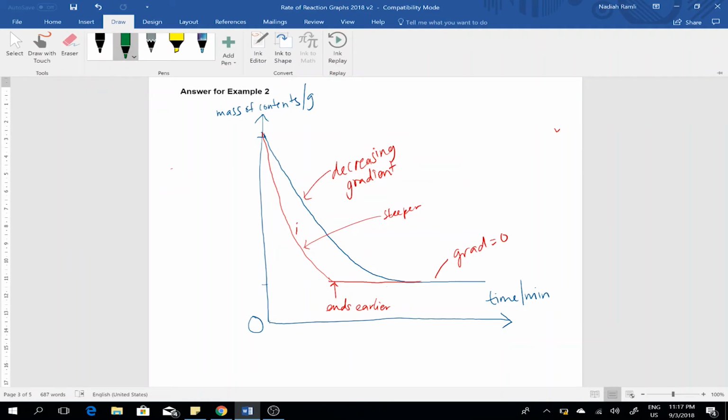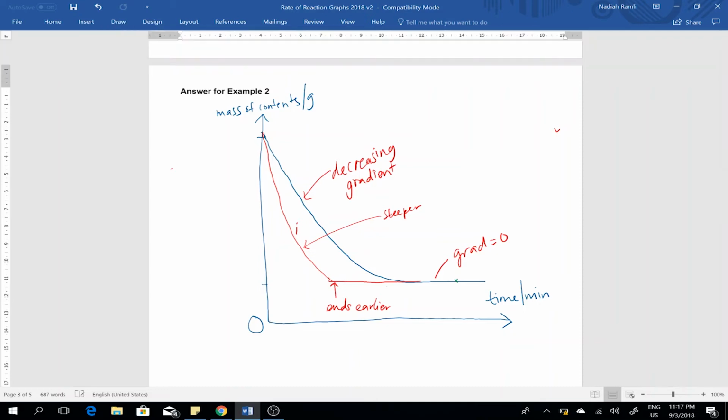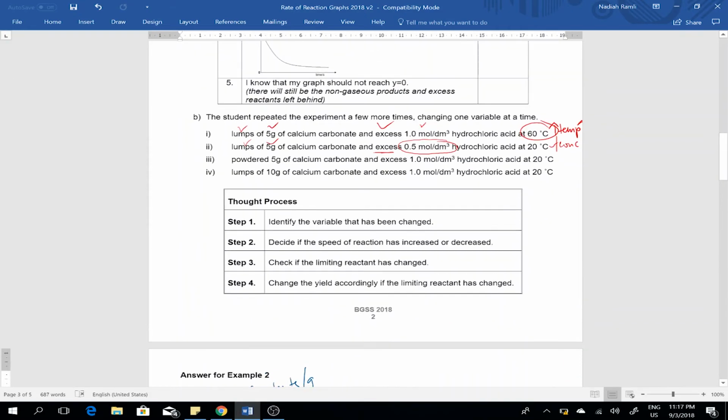Perhaps I will end somewhere here. Okay, so somewhere here. All I have to do is join it up again. Okay, that's it. So this is graph 2. Alright, now graph 3.